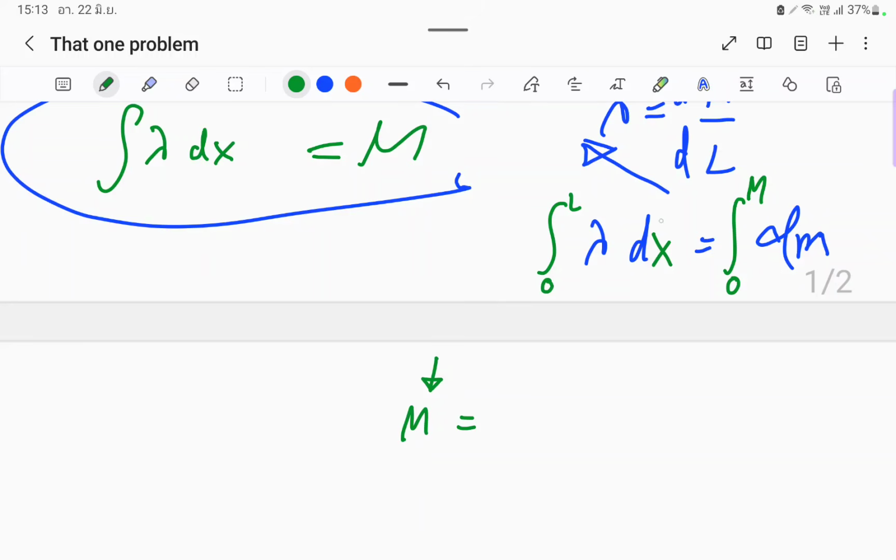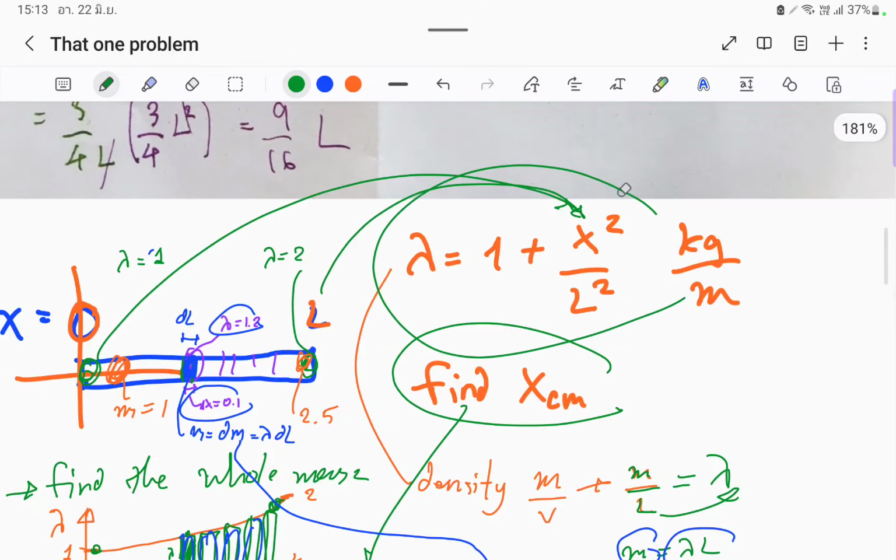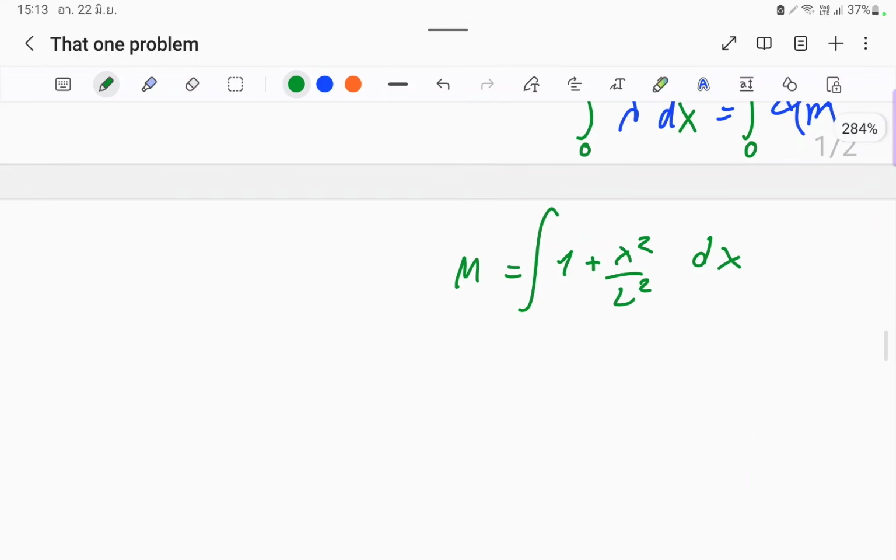And on the other side, you get this integral of lambda dx. What is lambda? You have the equation for it, right? It's 1 plus this thing, so you write that down. And then you just integrate it like a normal sane person. If you already know integration, this will be really easy for you, but if you don't, you must learn some calculus here.